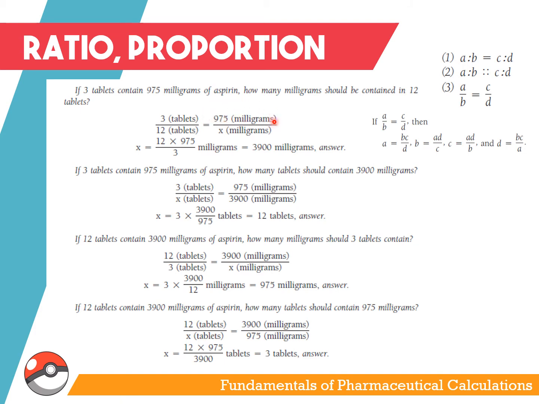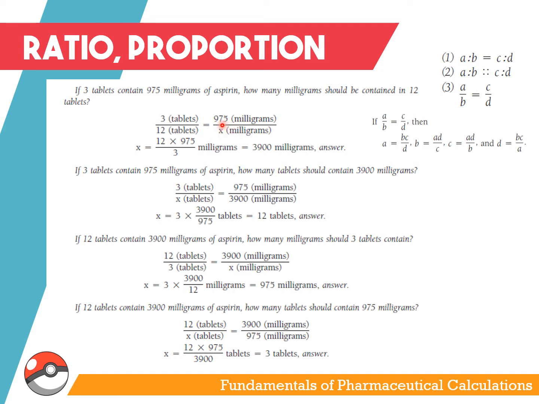Now we are looking for the number of milligrams that can be found in 12 tablets. So we place 3 tablets and 12 tablets on one side and 975 milligrams over x on the other side. So x is what you want to find.